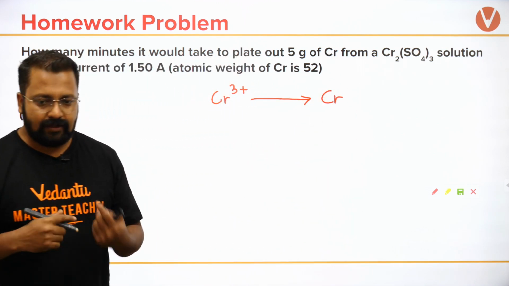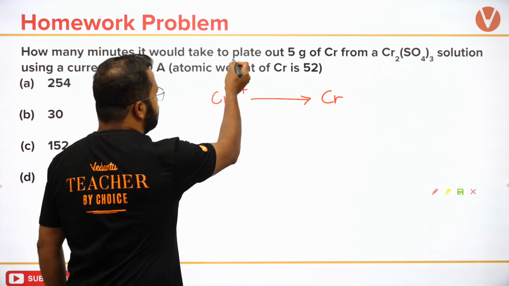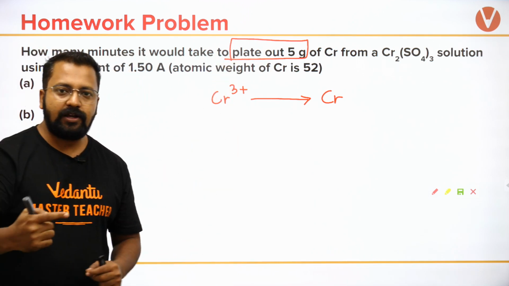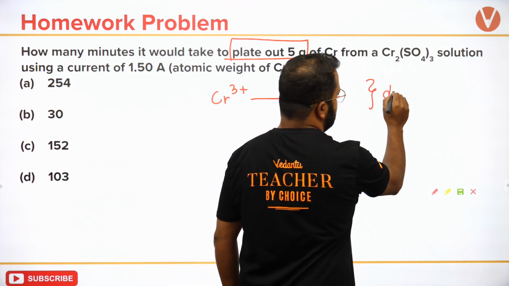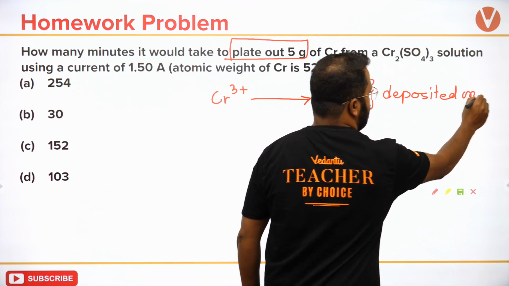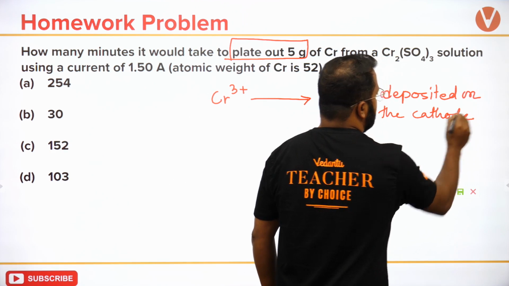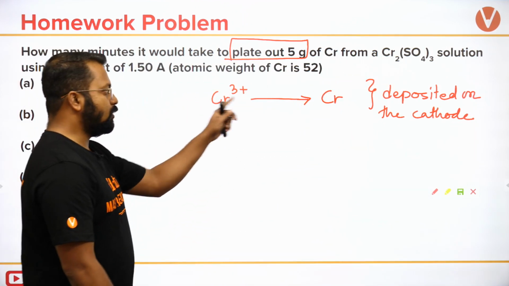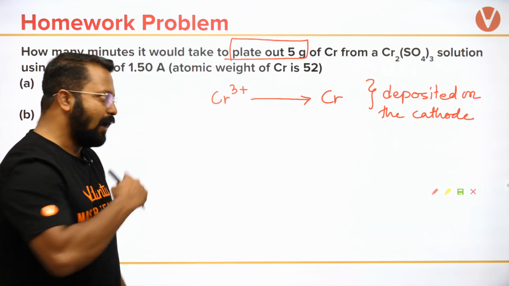The word 'plate out 5 gram' means I am performing reduction and chromium is being deposited on the cathode. Because chromium would be obtained in the metallic form only at the cathode after reduction.